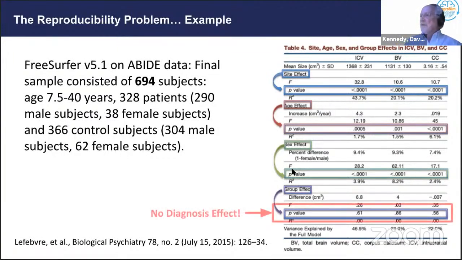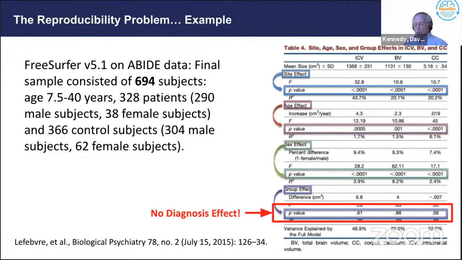But lo and behold, when we go to look at the group effect, is there a difference between autism and non-autism? We do not get a significant effect in this particular data set. Now, that of course caused lots of consternation: why is such a clear meta-analytic effect not replicating in a mega analysis?